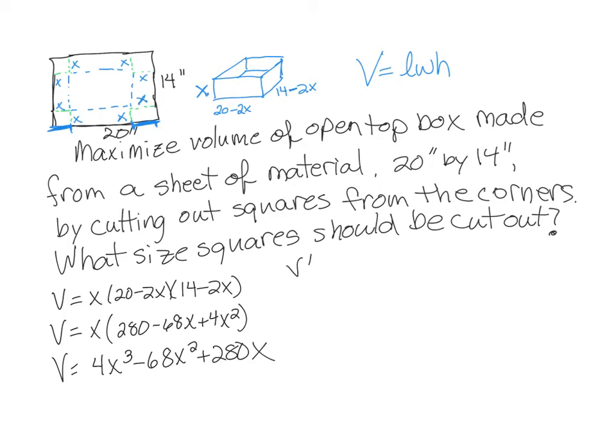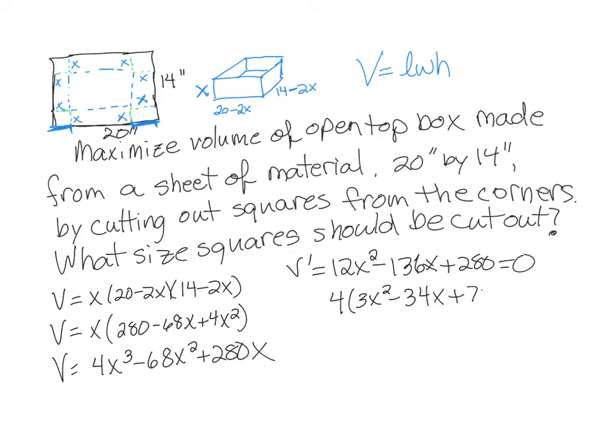So to maximize, you take the derivative. 12x squared minus 136x plus 280. Set that equal to 0. Solve for x. I can pull out a 4. You can always pull out a 4 from these problems. Now this guy doesn't factor, so I'm going to use the quadratic formula.